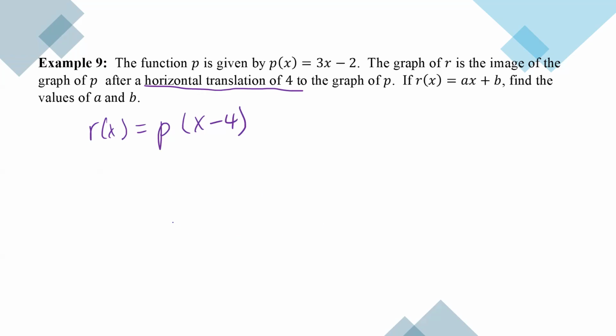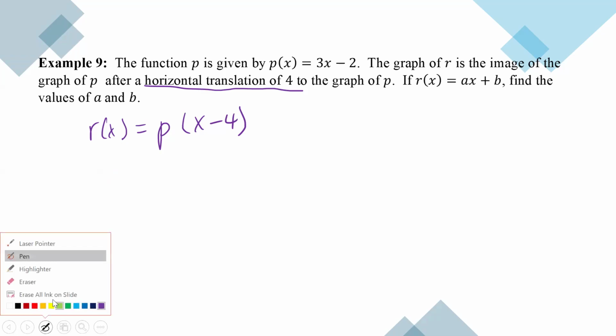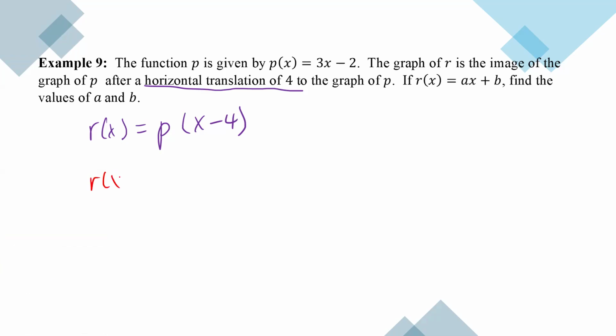We now are going to follow through with the function notation. So R of X equals, and this means that in P of X, wherever X is, I'm replacing it with X minus 4. Does that make sense? So this becomes 3 times X minus 4 minus 2.